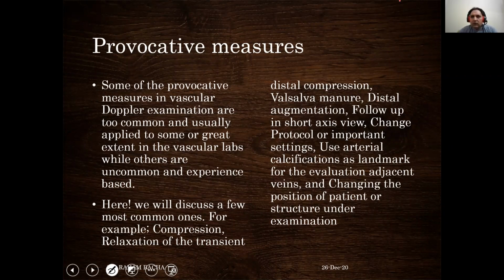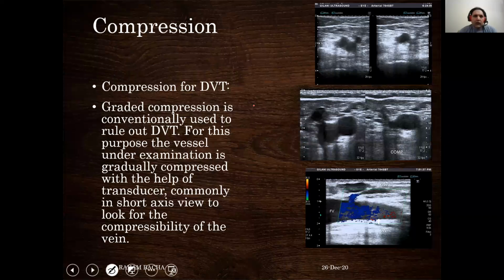So first of all, we are coming to compression. Conventionally, compression was used to detect DVT. You can see in the first image, this image has been taken of the right inguinal region.